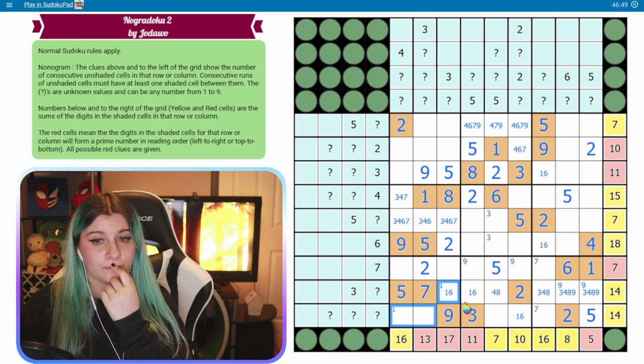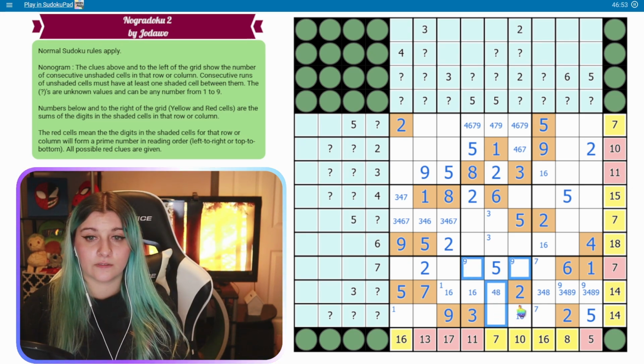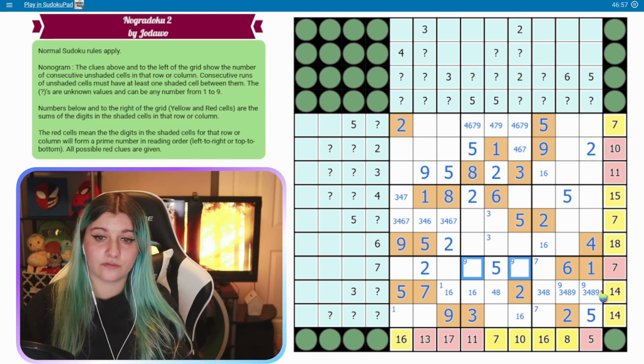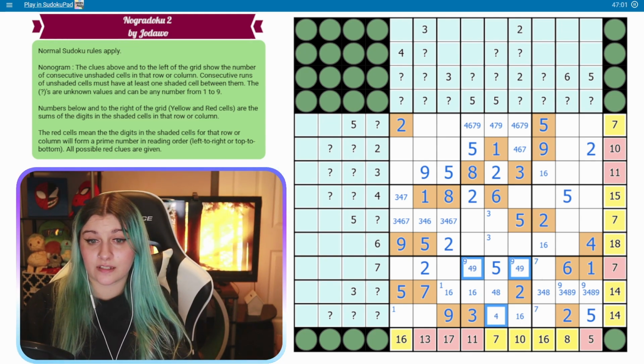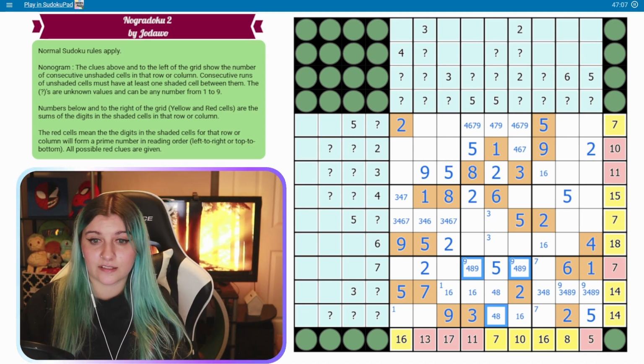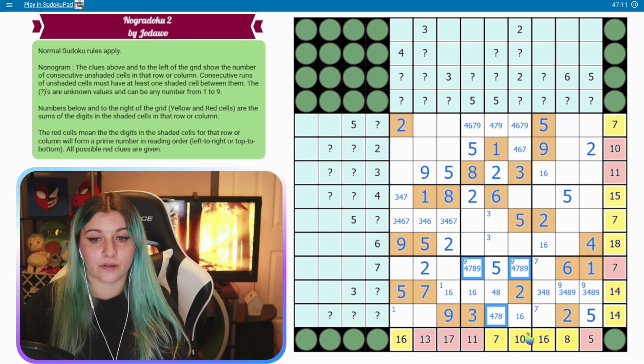Okay. Maybe this is worth looking at then. One of these is a 9. I also still need the other 4, 8. I have a 1, I have a 2, I have a 3, 4, 5, 6, 7, 8, 9 was already penciled. Okay.